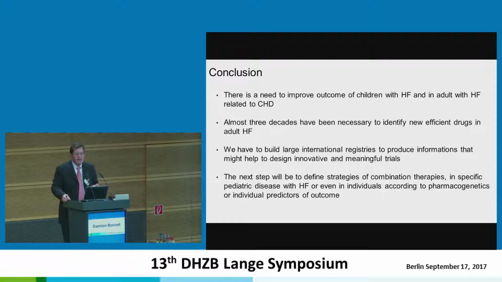I think that we lack international registries, because from registries, sometimes you can have information on predictors of outcome and therapeutic targets, but you can also get a drug approved from standard of care practice, and this has been done for devices in the United States.